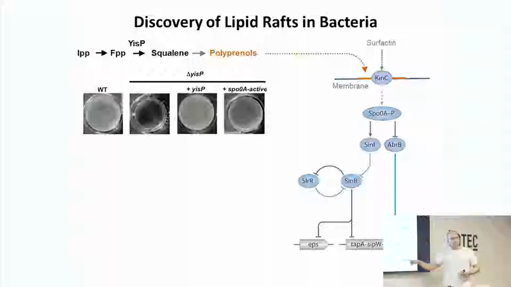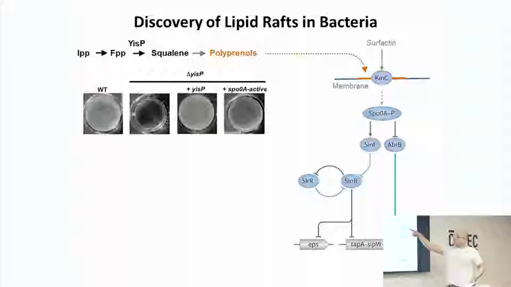This is a structural protein in the matrix, and this is the polysaccharide matrix. It's a sugar and a protein that makes the whole biofilm. But for today, the important thing is that this sensor kinase can activate this regulator, SPO0A, and once you are here, the whole pathway gets activated.